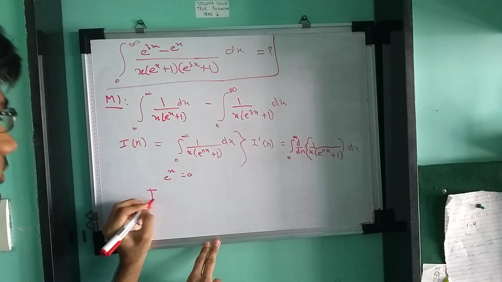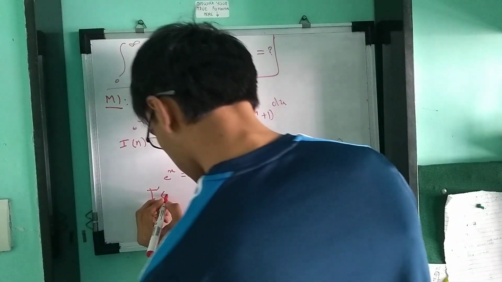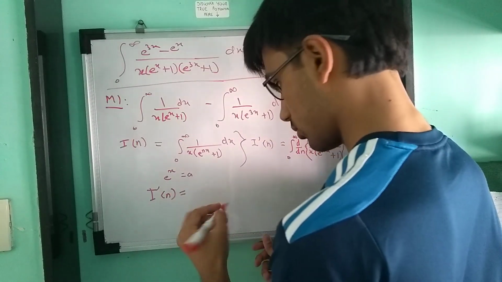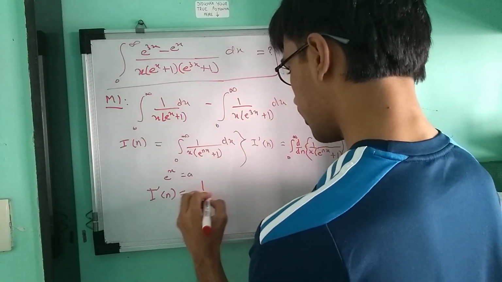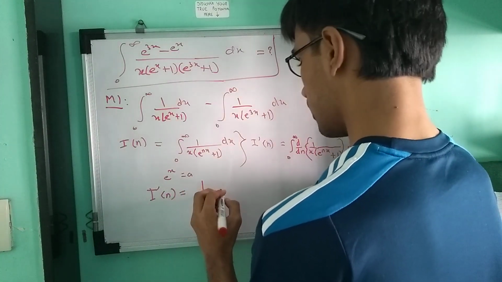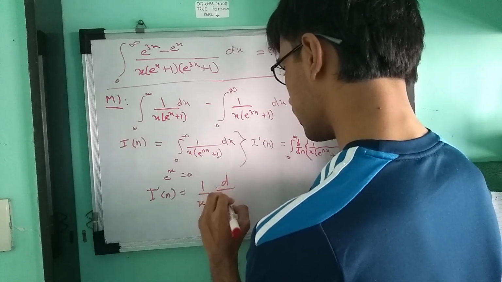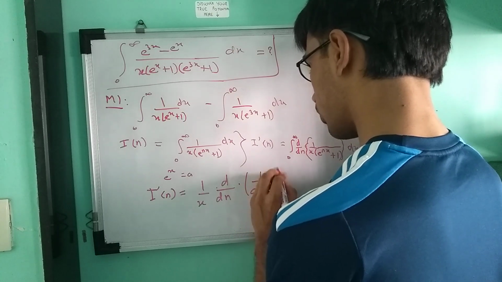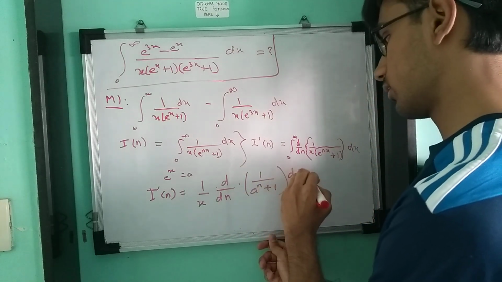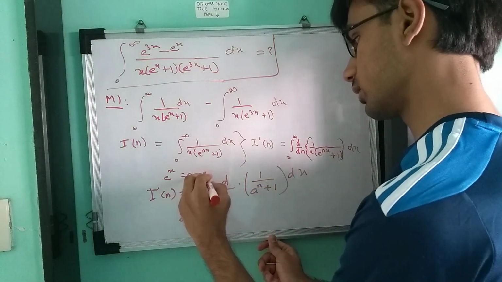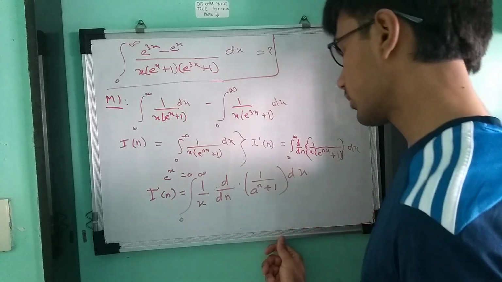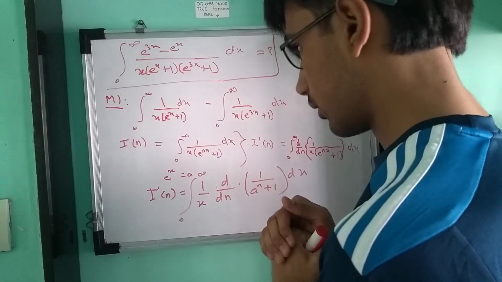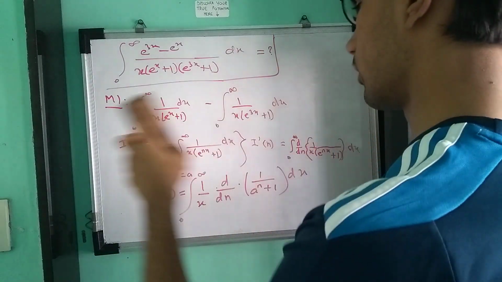I dash n is 1 by x, right, into d by dn of 1 by a to the power n plus 1 dx integrated from 0 to infinity. Right, got this? Okay.